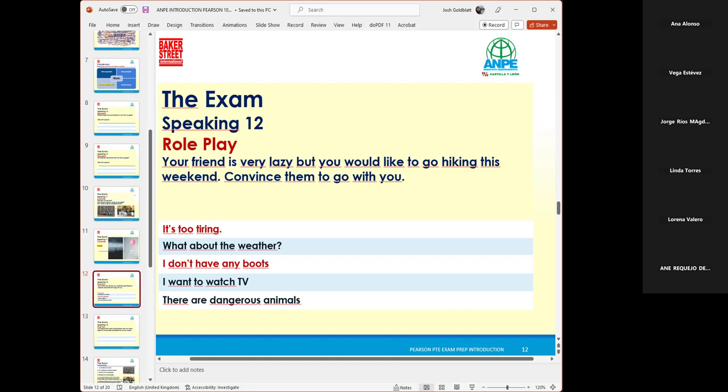It won't be cold. Well, yeah, okay, but I don't have any boots actually, so I can't really go. I can provide you boots. Yeah, but you've got small feet and I've got very big feet. But my father has the same size as you.